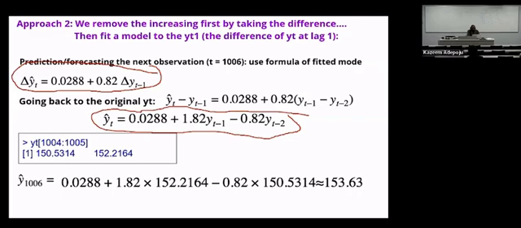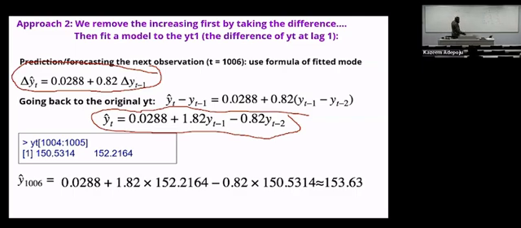And you're basically going to see, like in the data, delta yt, what they actually plug in is yt minus yt minus 1.